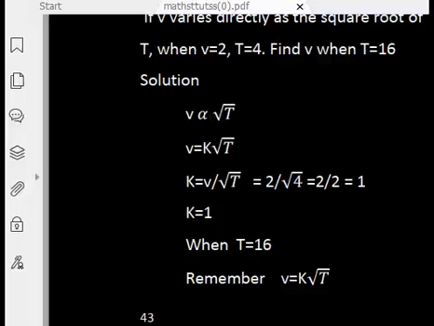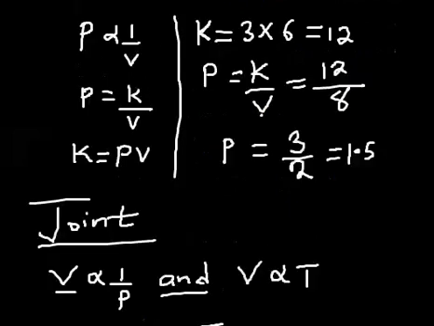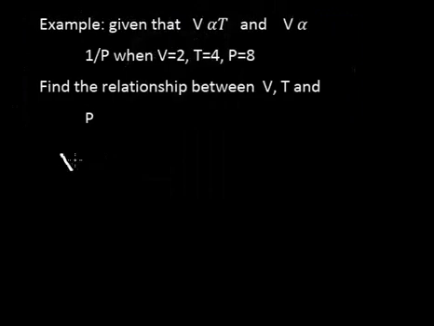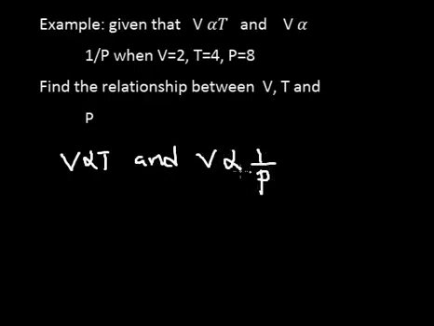It goes like this: given that v varies directly with t, and at the same time v also varies inversely as p, or directly as 1 over p, still the same thing. So the question is, when v is equal to 2, t is equal to 4, p is equal to 8.